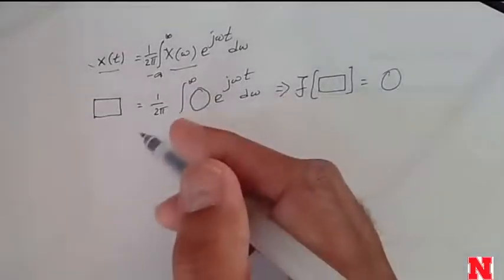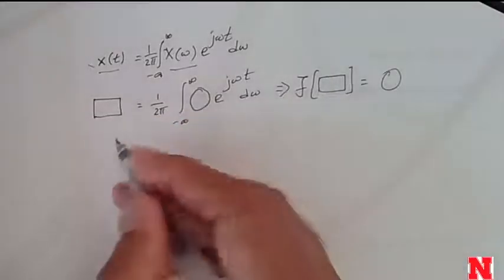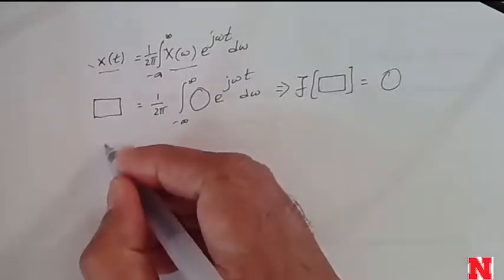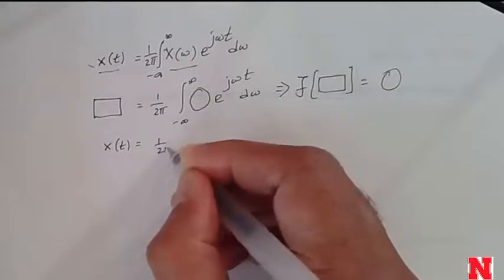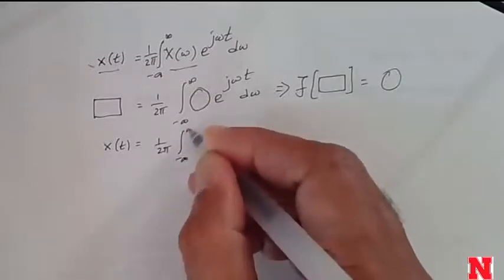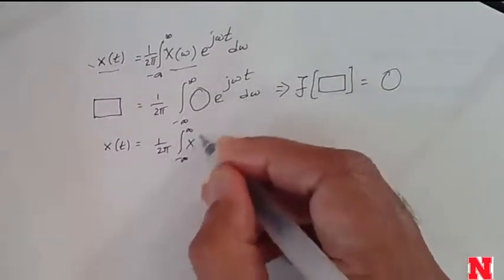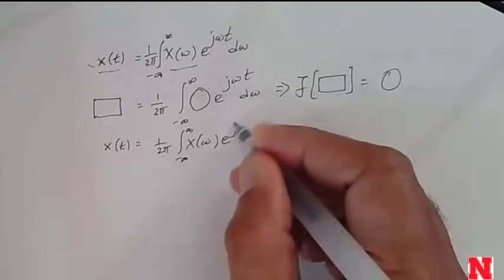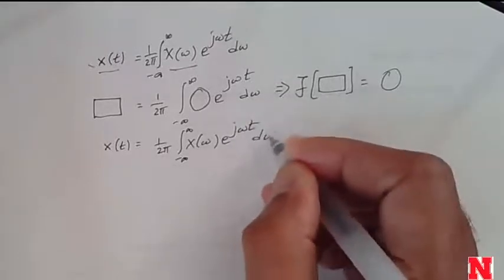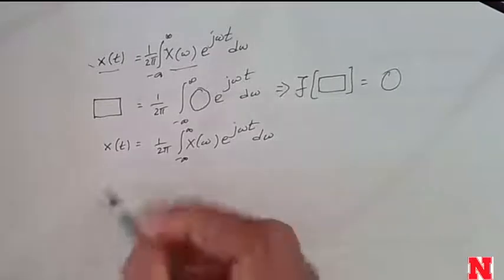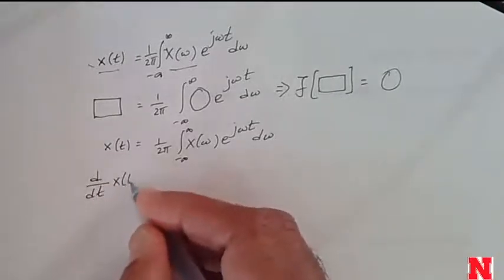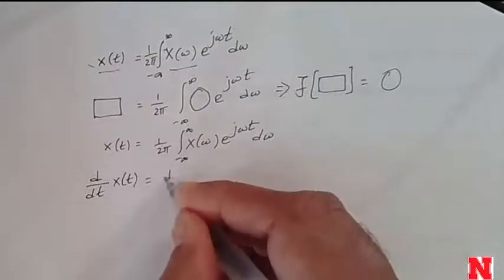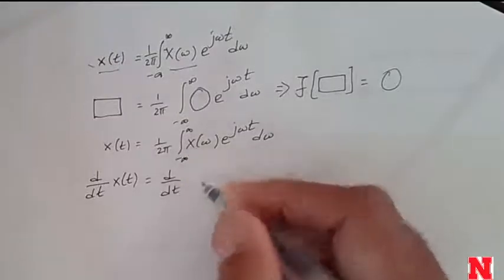Okay, so now let's go back and do our derivation. x of t is equal to 1 over 2 pi integral from minus infinity to infinity of x of omega e to the j omega t d omega. Now I can take the derivative of both sides. On this side I have d by dt x of t, and on this side I have d by dt of this thing.